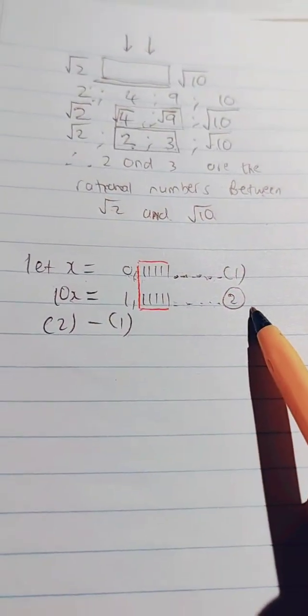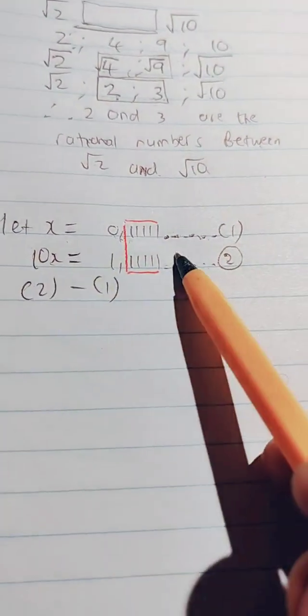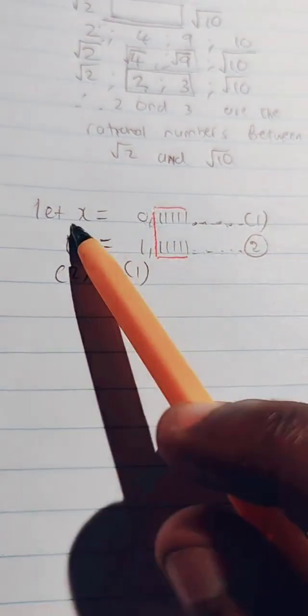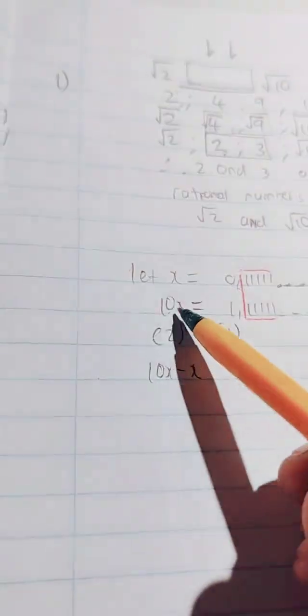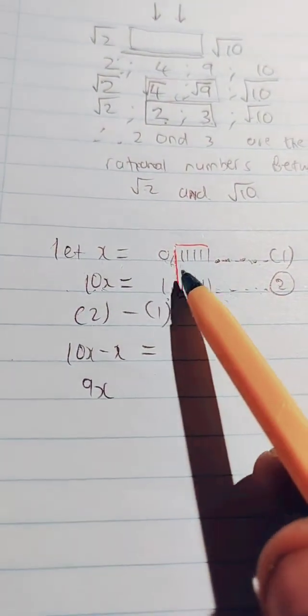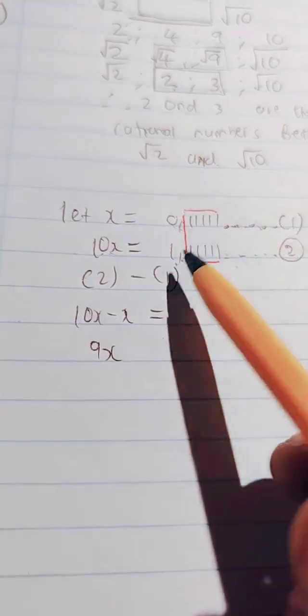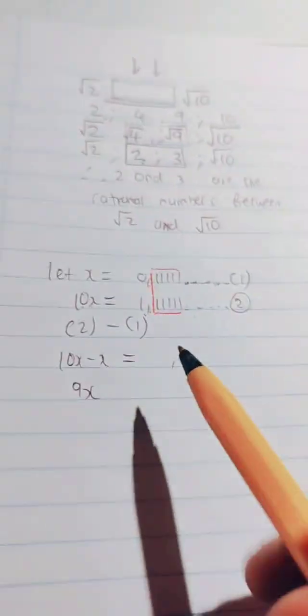So all we now do is take equation 2 and subtract equation 1. Equation 2 minus equation 1, in other words, this equation minus that one. On the left, what is 10x minus x? We get 9x. On the right, after the comma, we have all the ones, so if we subtract the ones after the comma, we get 0.